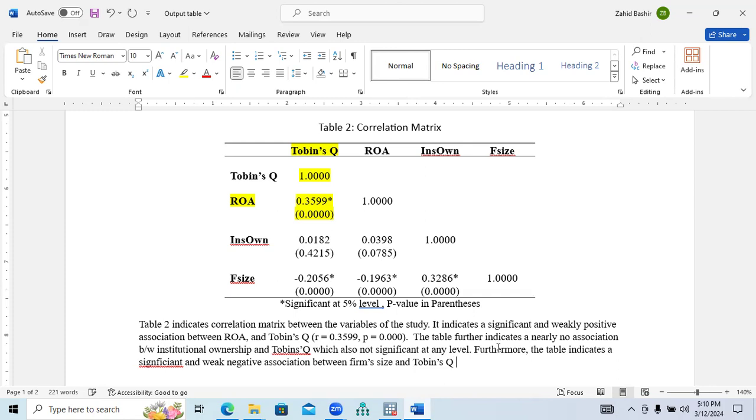Now you need to put here the value, like R is equal to the coefficient value, which is minus 0 point.